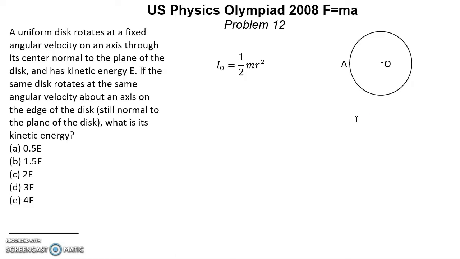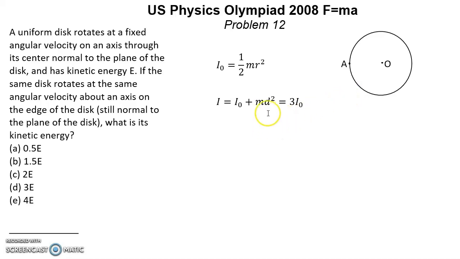But on the other hand, if this disk rotates around a point at some distance d from the center of mass of this disk, we use the so-called parallel axis theorem, which states that the moment of inertia equals the moment of inertia around the center of mass plus md squared, where d is the distance between the center of mass and the point of rotation.